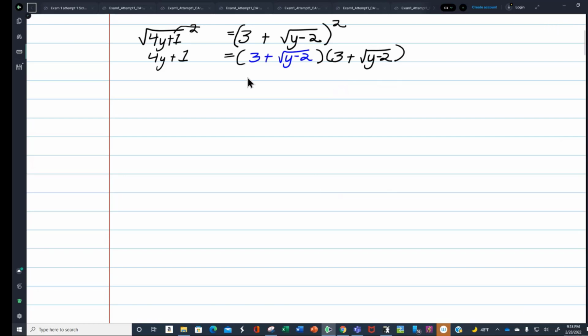I take 3 from this set of parentheses, the first term, and I multiply by the second set of parentheses.